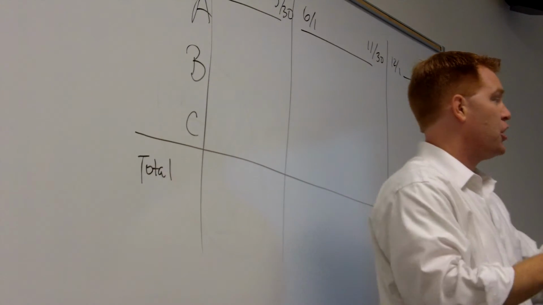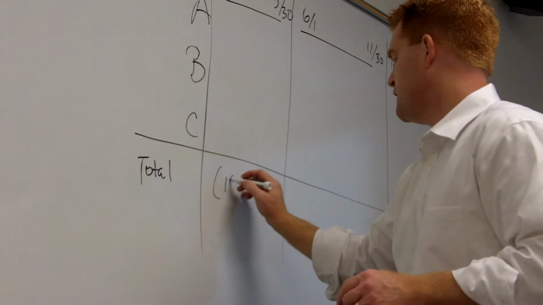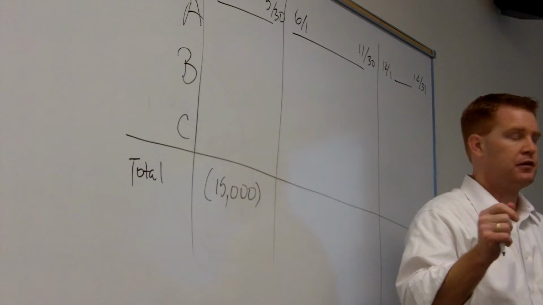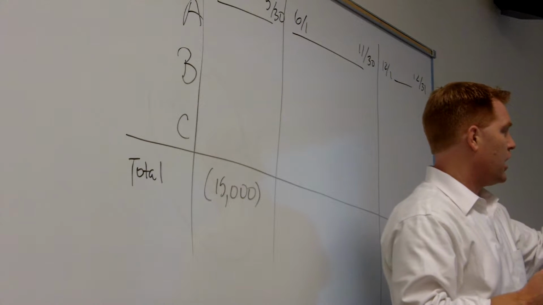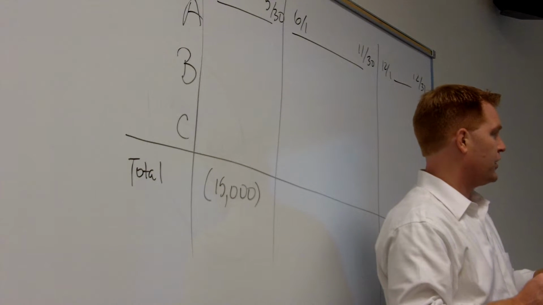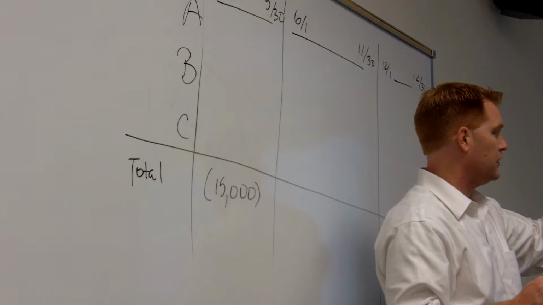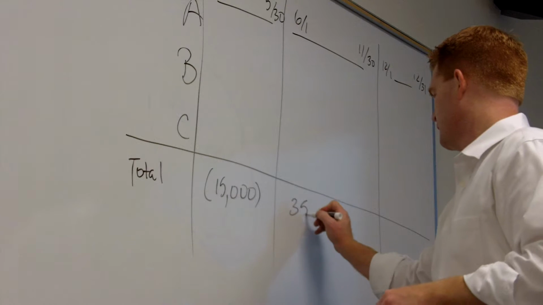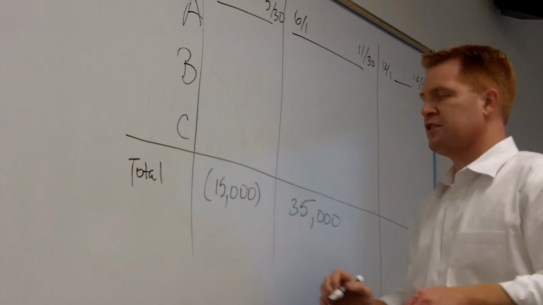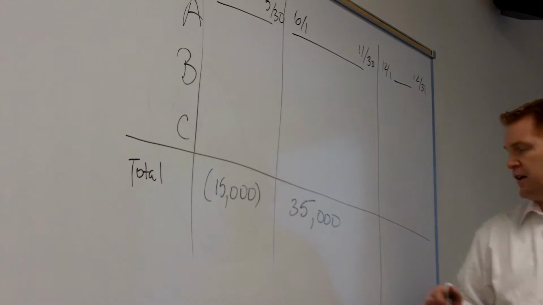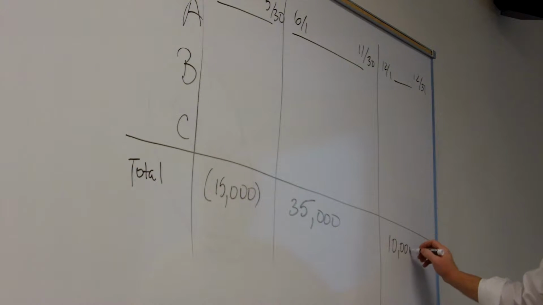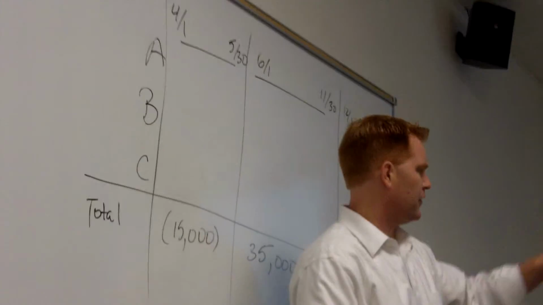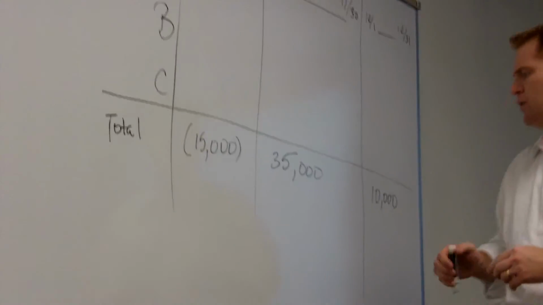So if we look at the totals, we've got a $15,000 loss here for April and May, right? Then we've got June, July, August, September, October, November, all together. So that's 2, 5, 10, 15, is that 35? I think it's 35. 35,000 of income for that period, and 10,000 of income for the final period. Is that right? 35, 5, 10, 15. Yeah, 35. Messy. Okay.